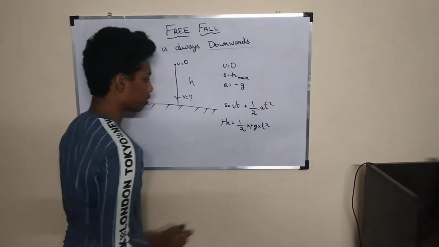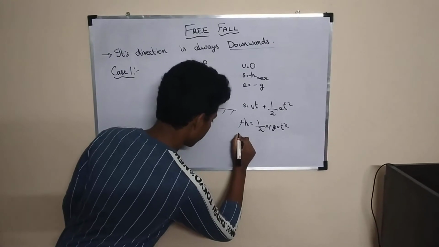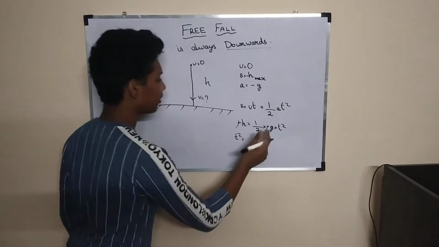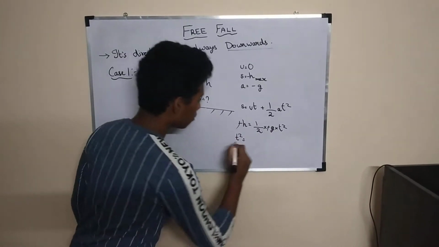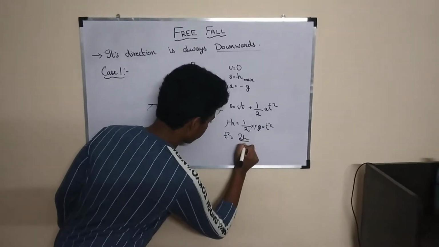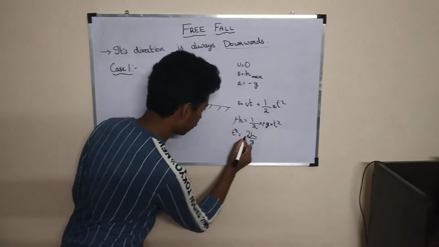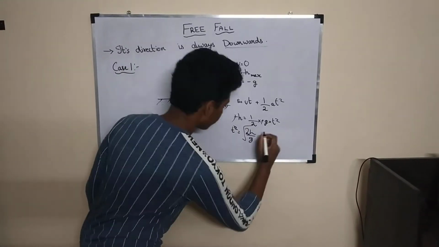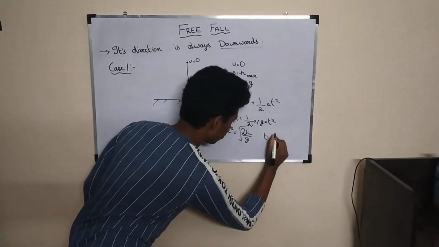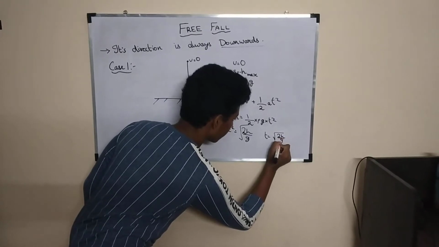The minus signs cancel. We need to find t square. If the half goes to this side, it gives 2h by g, and the square on the other side gives root 2h by g. So t is equal to root 2h by g.